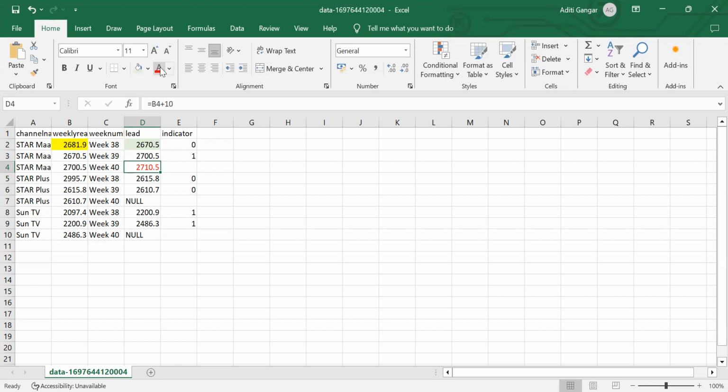Did you understand what we wrote in the SQL query? This is what we wrote. We told LEAD that in case you don't know what to do, instead of writing null, you simply add 10. And I'm going to do the same thing here. Okay. And then I'm going to run this again.